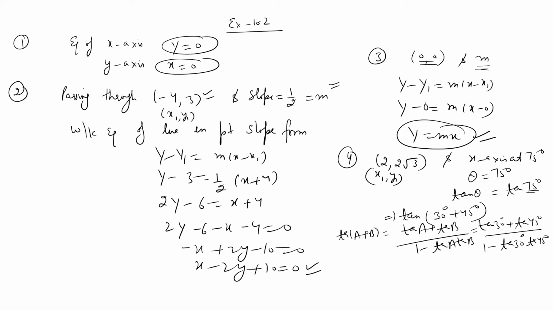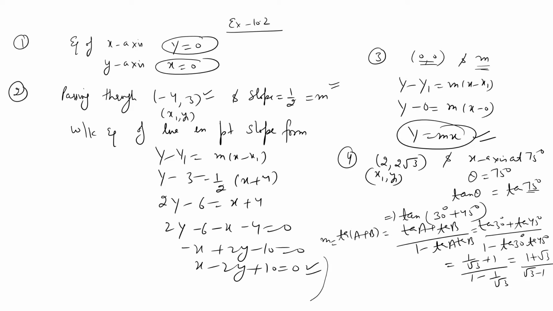Tan 45 degrees is 1, and tan 30 degrees is 1 by root 3, so it is 1 by root 3 plus 1 over 1 minus 1 by root 3. So the answer will be root 3 plus 1 upon root 3 minus 1. So this is my slope.